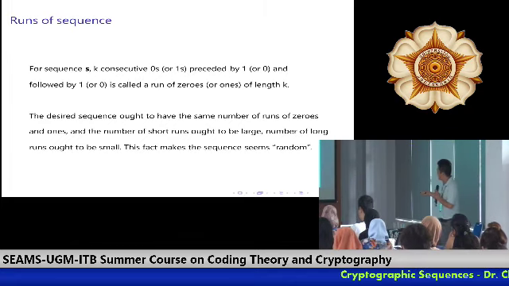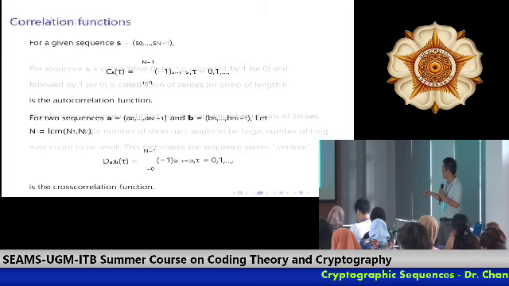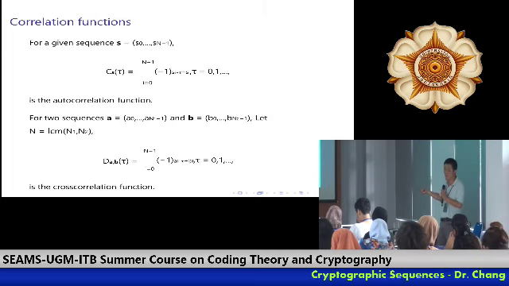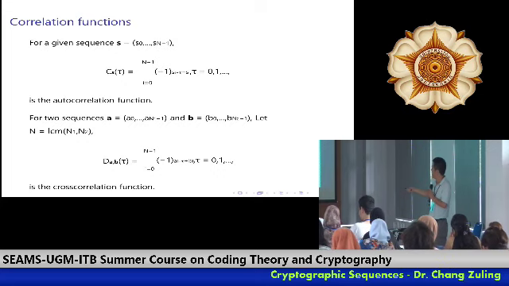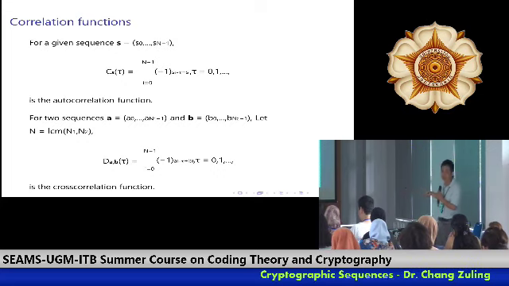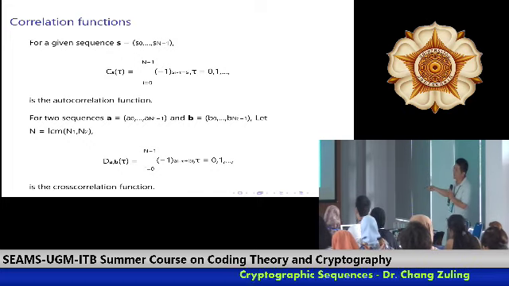Similarly, for the cross-correlation of A and B, we take the period to be the LCM of N1 and N2, where N1 is the period of A and N2 is the period of B. Take the LCM, the least common multiple.